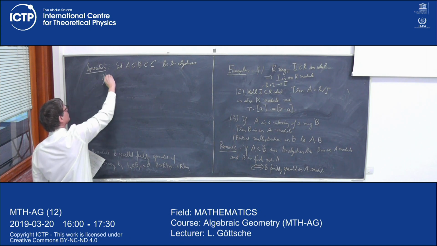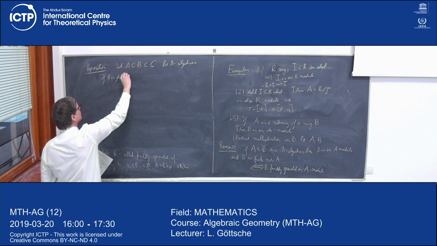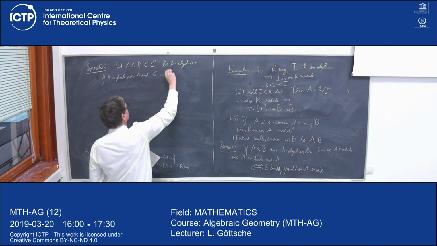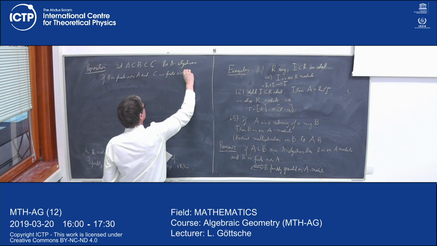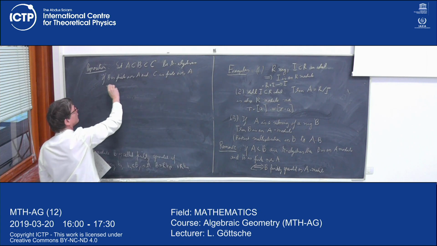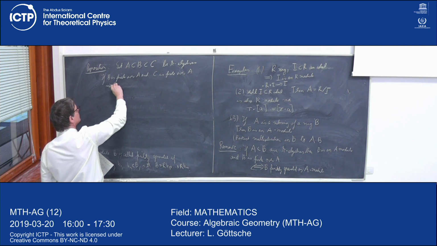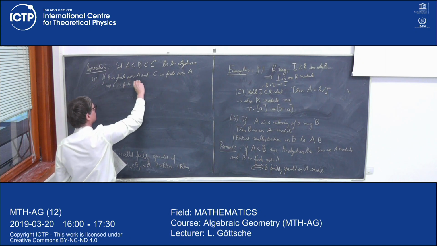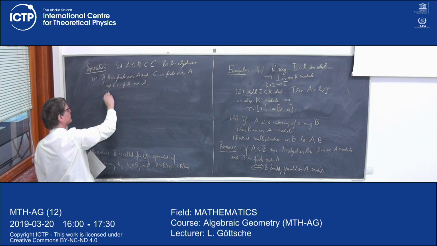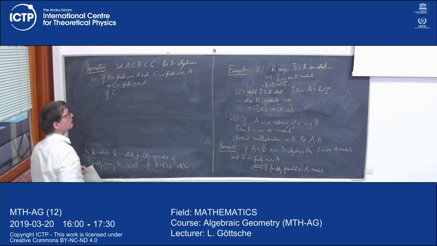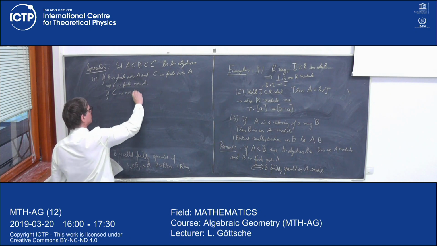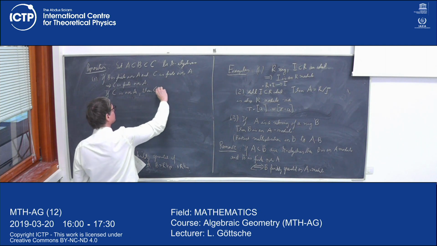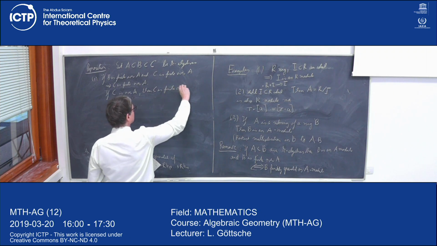So if B is finite over A and C is finite over B, well then C is finite over A. And conversely, partially conversely, if C is finite over A, I can never remember which one of the two is, then C is finite over B.